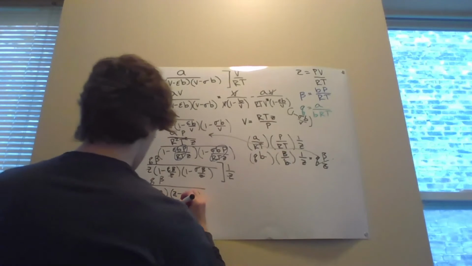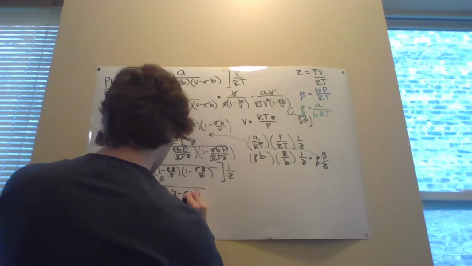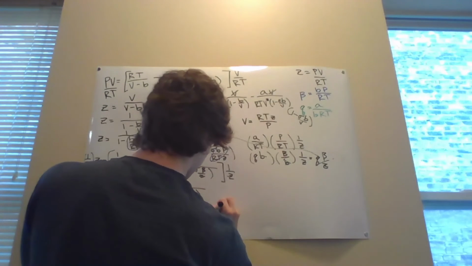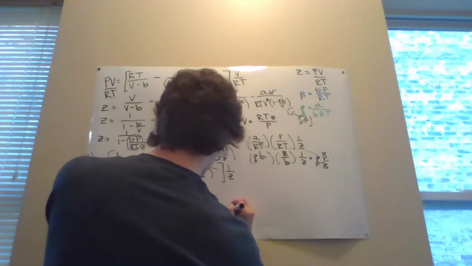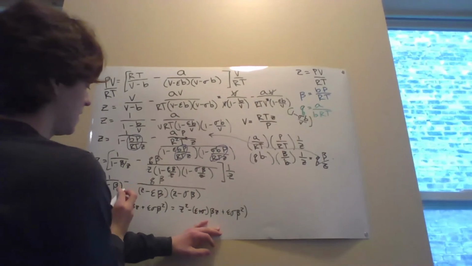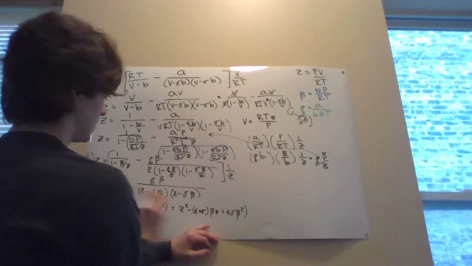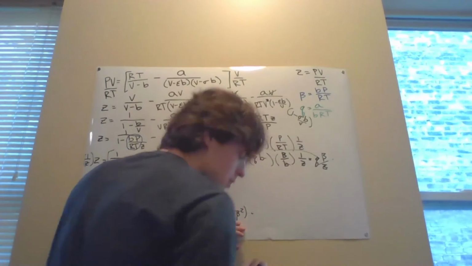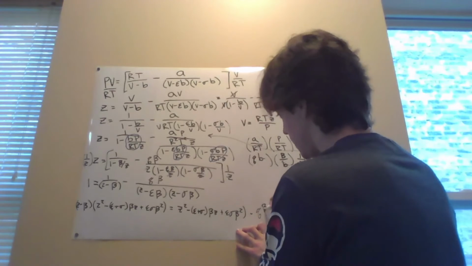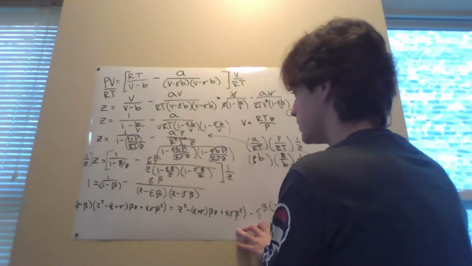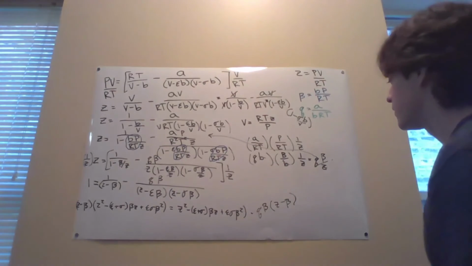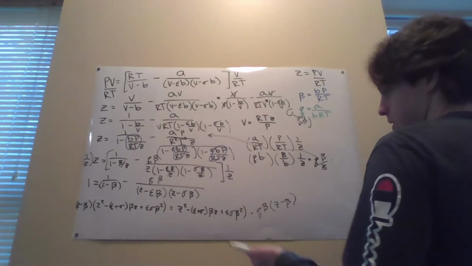This will cancel out, and so it will be Z squared minus epsilon plus sigma beta times Z plus sigma times epsilon beta squared, and then this will just be minus, come over here, Q times beta times Z minus beta. Alright, and then from here we can start to group our like terms and rewrite our equation.